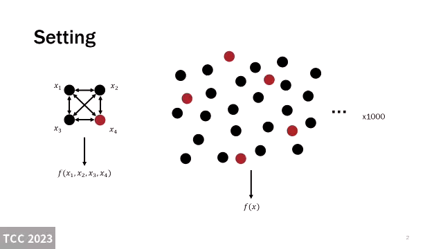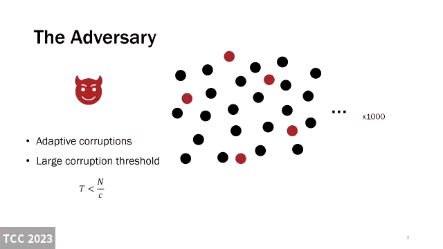And this can be other things than MPC. We can think of specialized things like threshold signing and so on. So we have these thousands of parties and we still want to perform some computation. And what does our adversary look like? So now we want to think of a quite powerful adversary. I think the main difference here from what we've seen so far is now we'll have a lot of focus on adaptive corruptions.